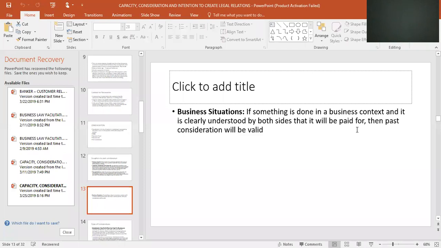If you remember from intention to create legal relation, we said that in a business situation, every agreement is expected to be binding on the parties. So when one party makes a promise, the other party is also expected to abide by whatever terms and conditions of the business contract.